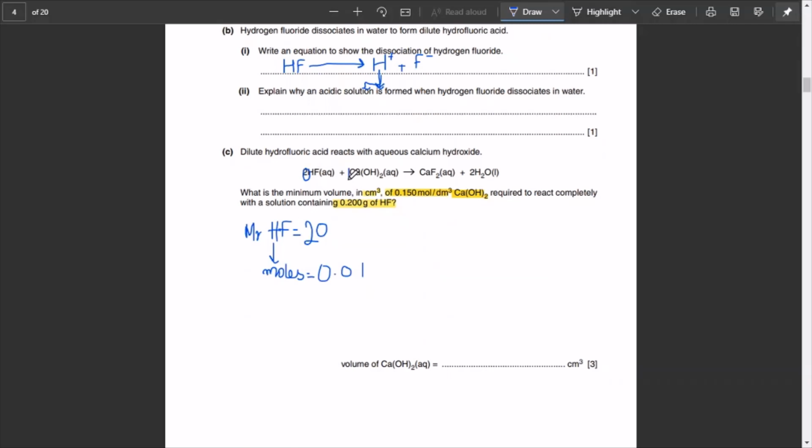So we are going to find it by using this ratio, two is to 1.